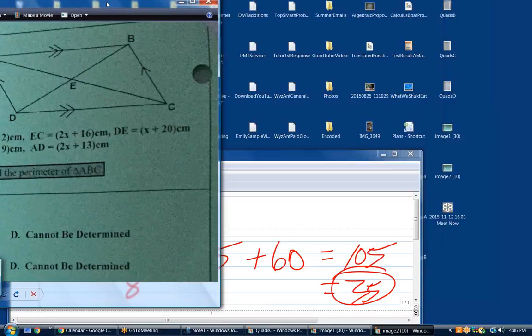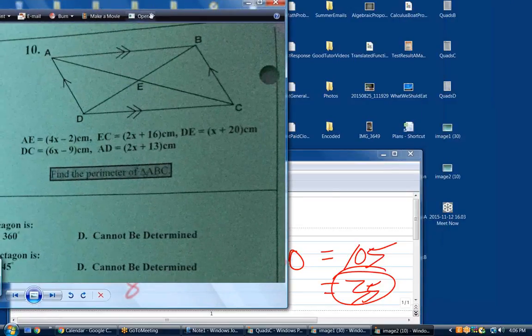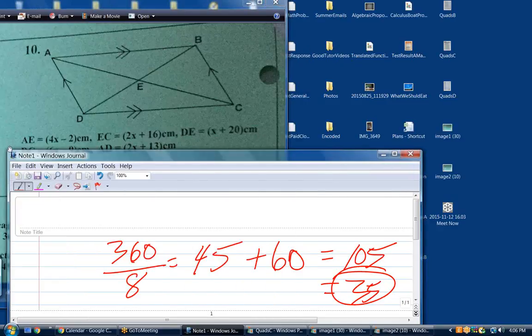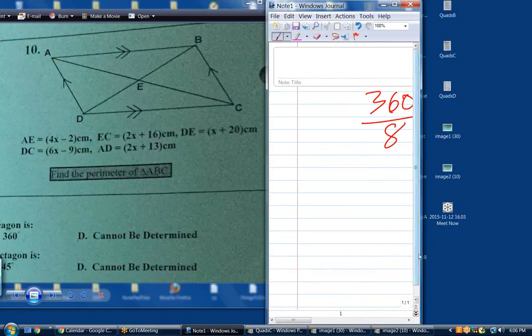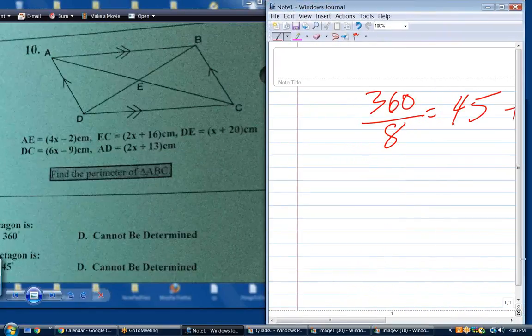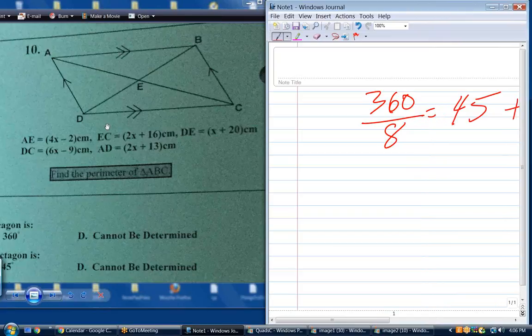Okay, let's go over to 10. What's this shape? That's a rectangle. A rectangle needs 90-degree angles.